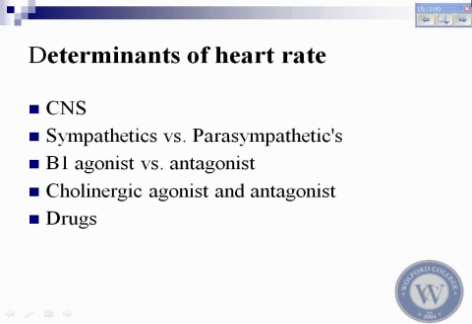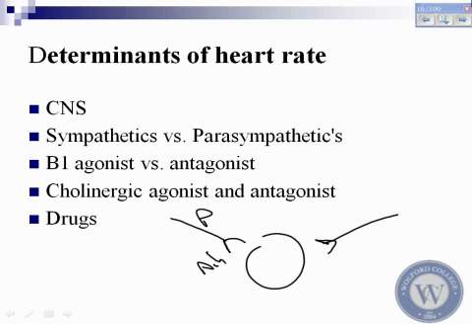Now the actual receptors that are important in this control mechanism. For the parasympathetics, the main neurotransmitter is acetylcholine, and the receptor here, okay, is a cholinergic receptor. Cholinergic.